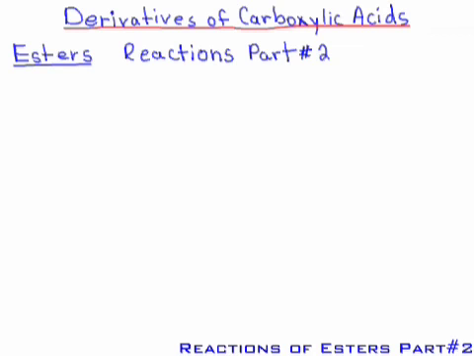In this Scribblecast lecture, we're continuing our investigation of the derivatives of carboxylic acids, and we're looking at esters, continuing with a look at the reactions that esters undergo, so reactions part 2 if you like. In the last Scribblecast lecture, we looked at the reaction with water to produce carboxylic acid, examined how it went under nucleophilic acyl substitution as opposed to the SN2.